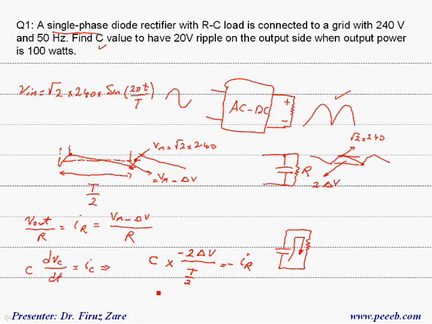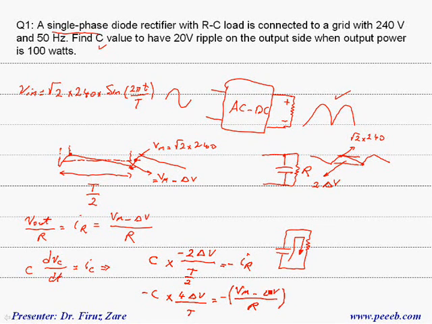Or C times 4 delta V over T with this sign is minus, equals, because here the load current is minus, Vm minus delta V over R.